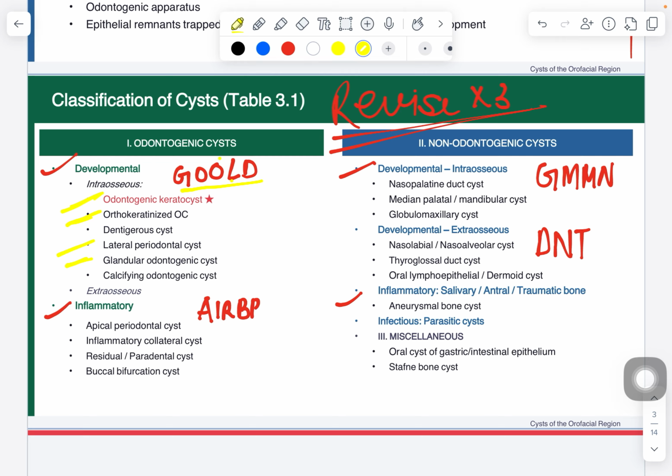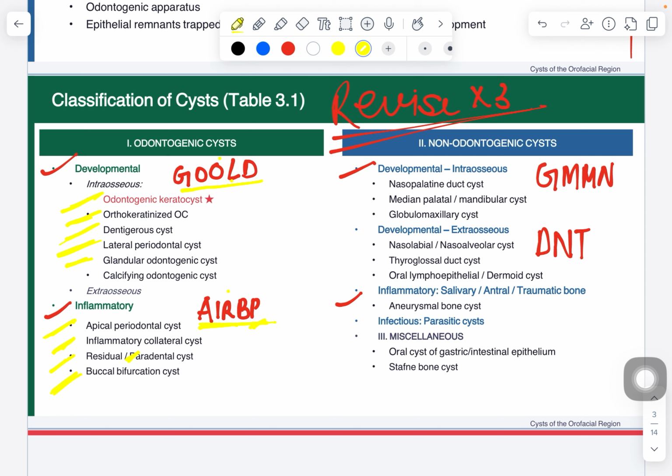L is for lateral periodontal cyst and D is for dentigerous cyst. Similarly, for inflammatory odontogenic cyst, the mnemonic AIR-BP. Apical periodontal cyst, inflammatory collateral cyst. R is for residual cyst, B is for buccal bifurcation cyst, P is for paradental cyst.